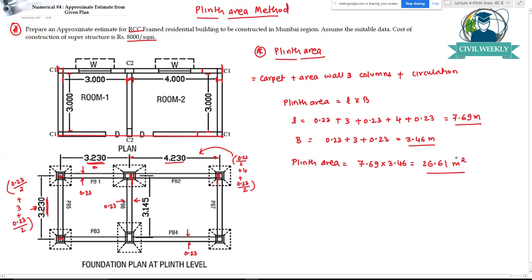So this much plinth area we have calculated. Once we have the plinth area, the next process is the same: the cost of construction of the superstructure.